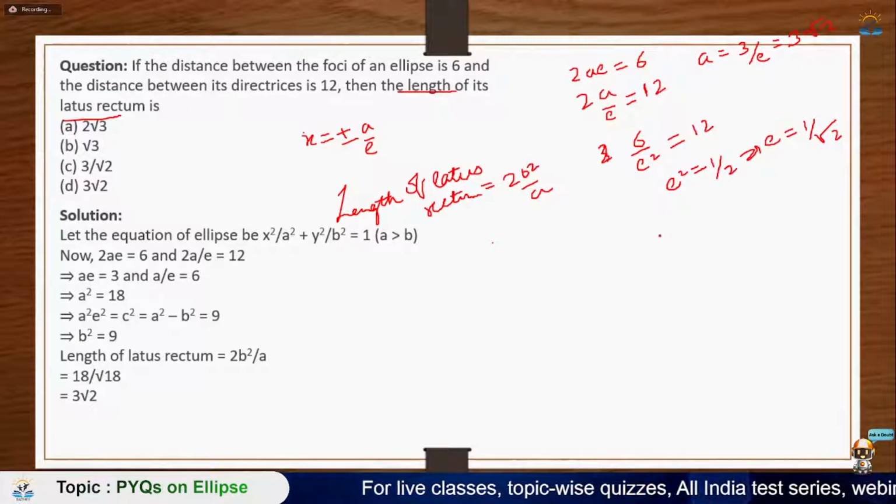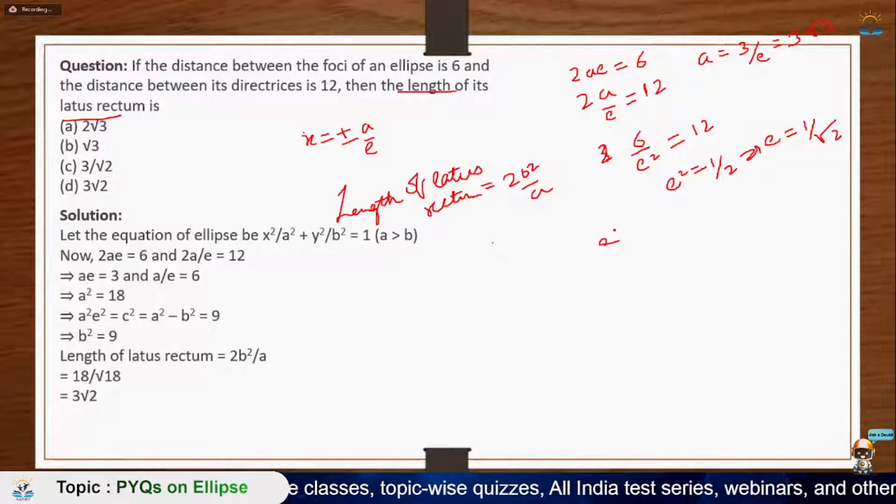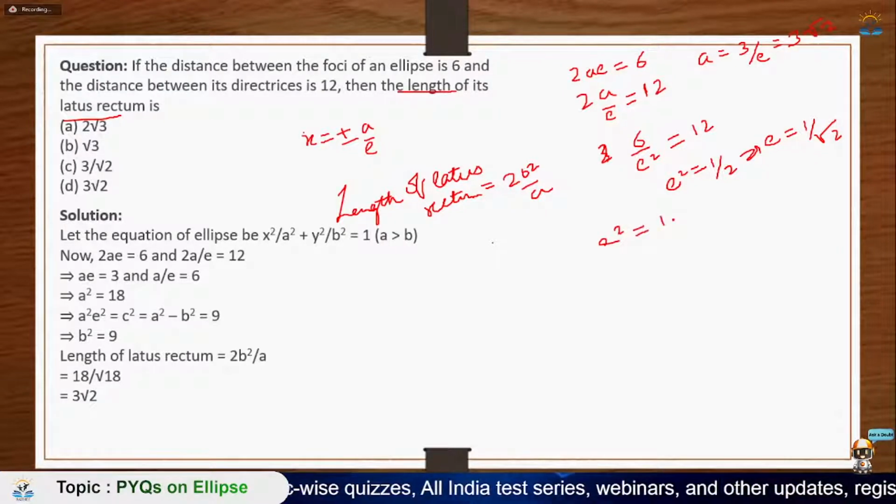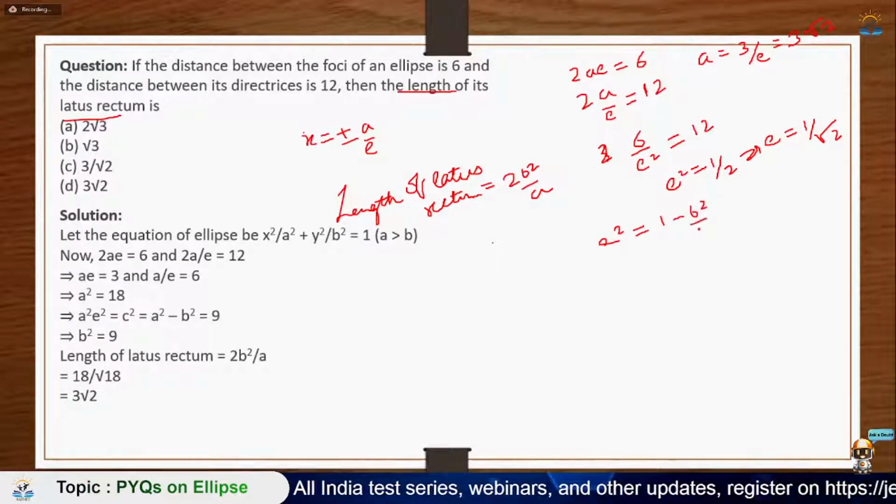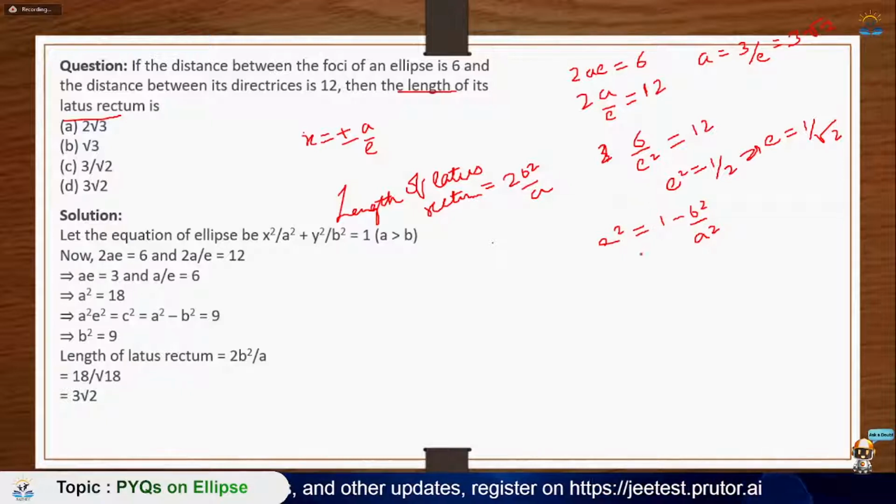Okay. And the value of b, I can calculate using the formula for eccentricity, which is e square is equal to 1 minus b square by a square. I can simply use this formula to calculate the value of b. So e is equal to how much? e is equal to 1 by root 2.